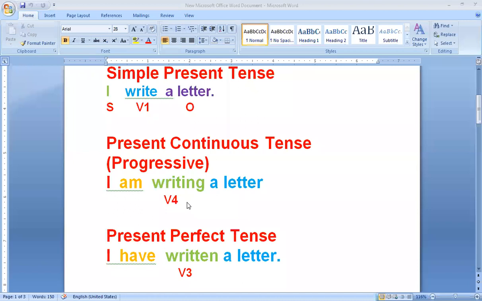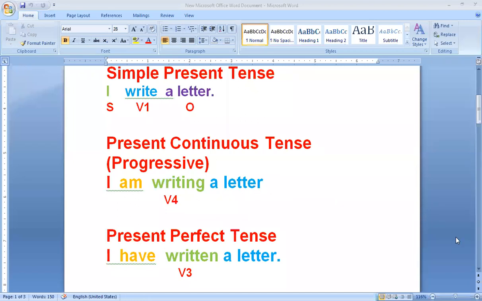I am writing a letter. They are playing. The girls are playing Kho-Kho. Then Vinay is playing cricket. To express such actions, we use present continuous tense.